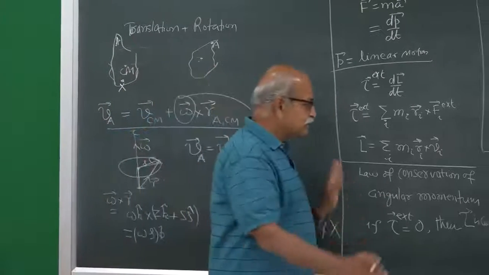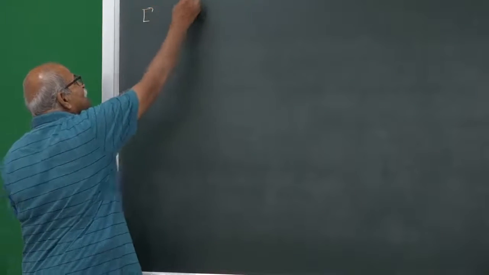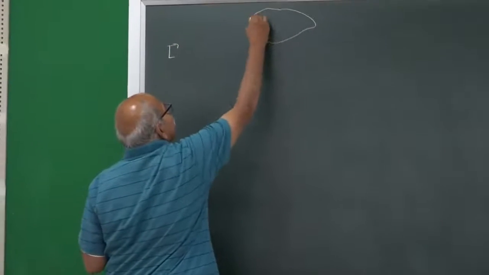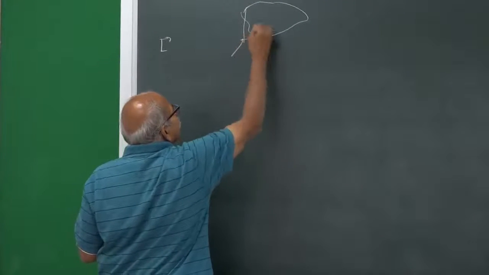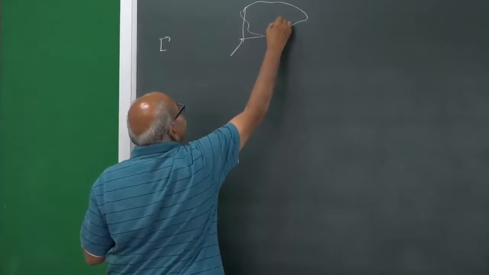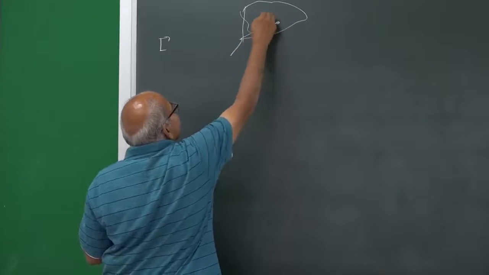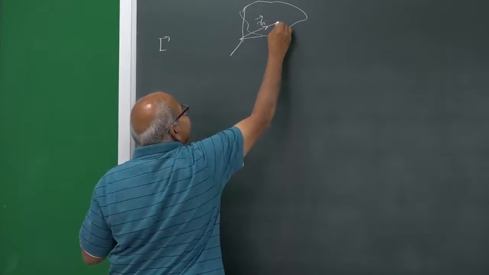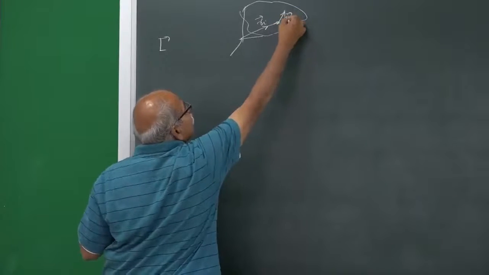Okay. So, let me make some space. Angular momentum vector L, I am talking now of some rigid body, there is some origin somewhere, okay, and then I am talking of some particle, ith particle, and this is position vector r I, and then this particle at this instant has some velocity v I, right.